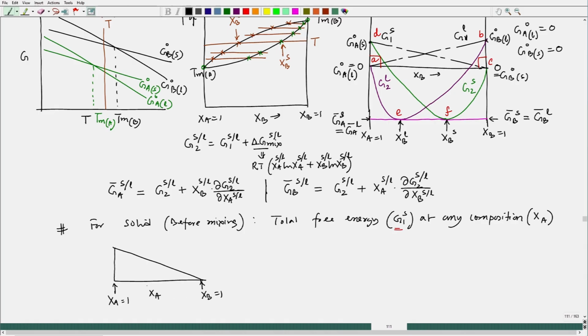So XB equal to 1 means XA equal to 0, and this particular thing would be A, C and D.